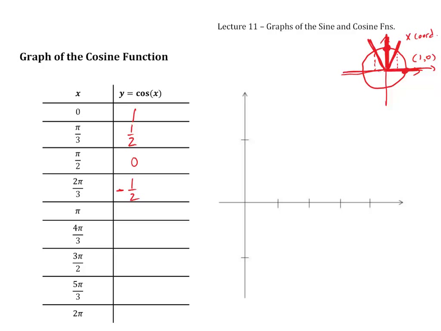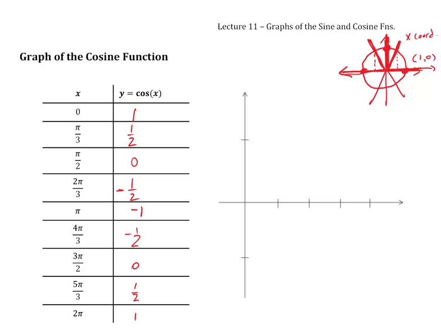And if I go straight out, which is the pi direction, my x-coordinate is -1. Then coming down here and back up, and you start to see the pattern, we go back down to -1/2, then 3 pi over 2 gives me a 0, then 1/2, and back up to 1.